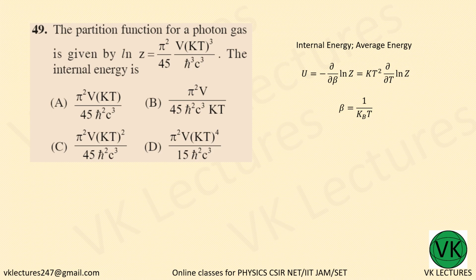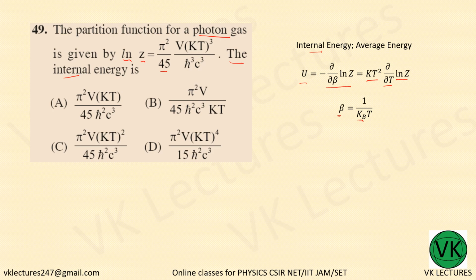The partition function for a photon gas is given by log z equal to pi square by 45 into V into kT whole cube divided by h cross cube c cube. The internal energy, or the average energy, is given by U equal to minus dou by dou beta of log z, or in terms of temperature, kT squared into dou by dou T of log z, where beta is nothing but 1 by kB T, and kB is the Boltzmann constant.